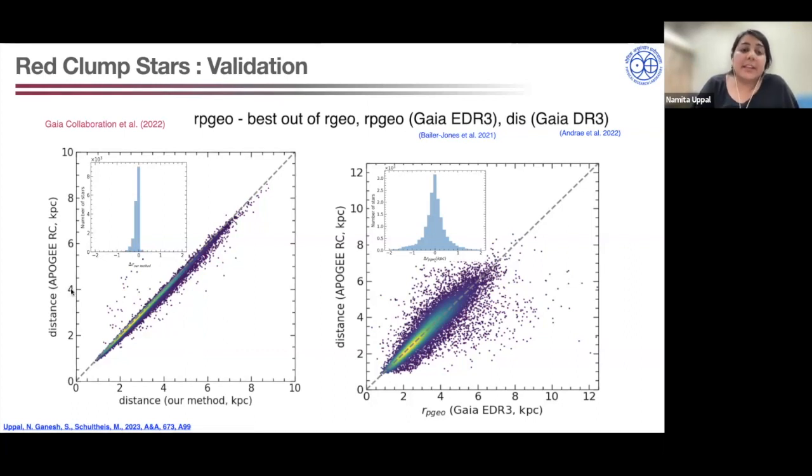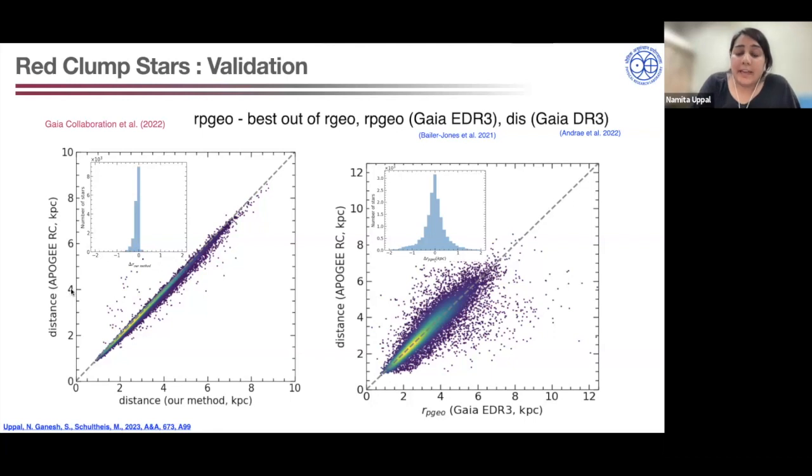So this validates our selection criteria as well as the distance estimation method. So our method was great, and the distance from the Gaia catalog can have large uncertainty beyond a certain distance.